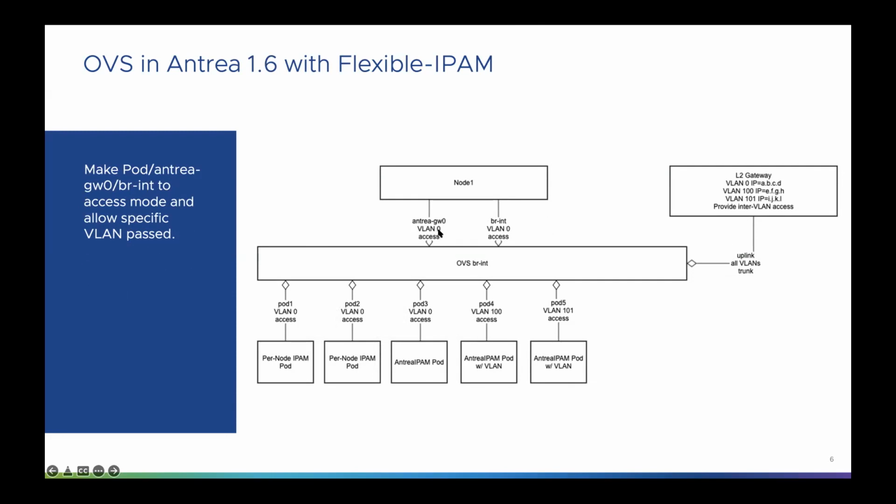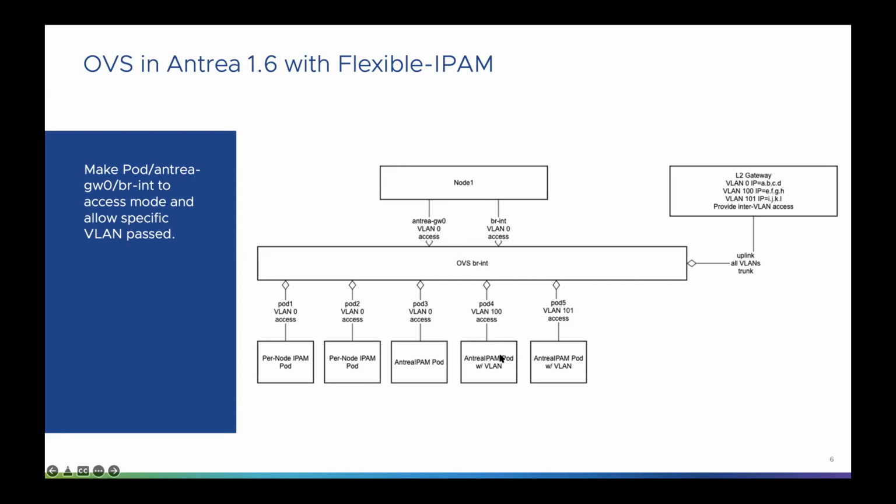But we can also keep it in trunk mode. If we keep it in trunk mode, it is friendly for the upgrade scenario, because we don't need to change the existing port mode. Both of the two methods can work.